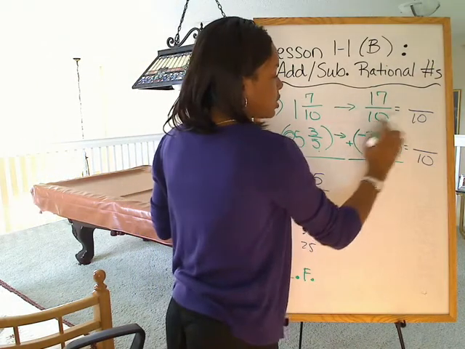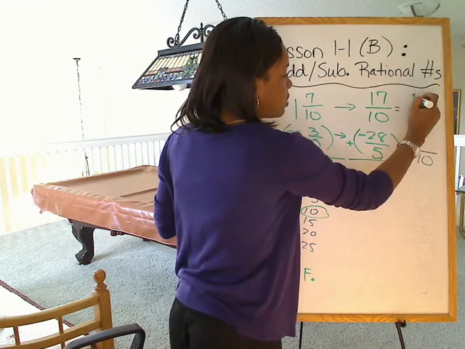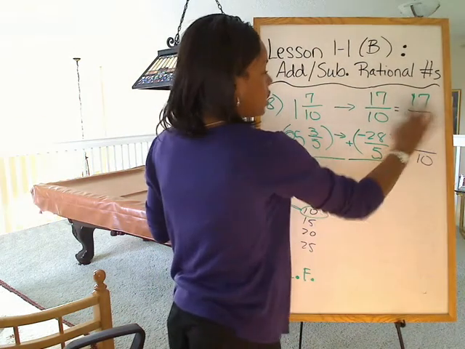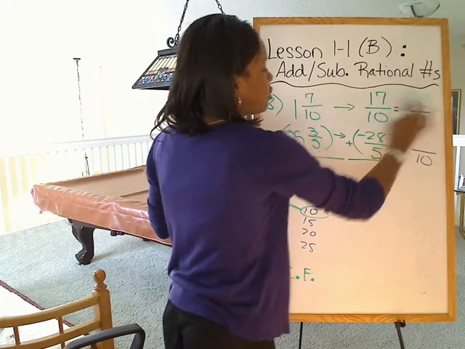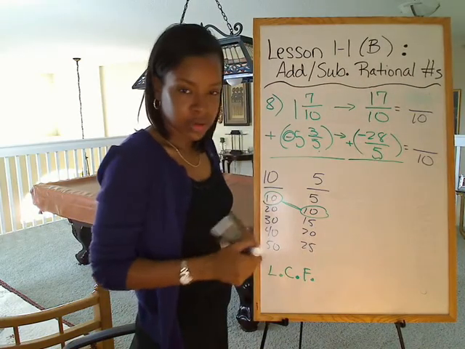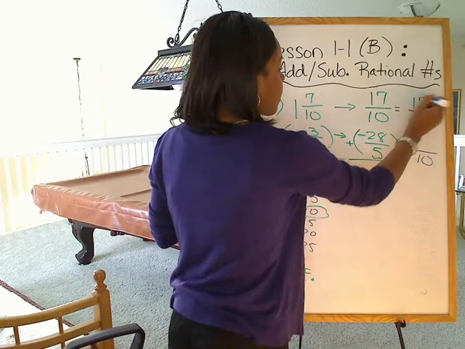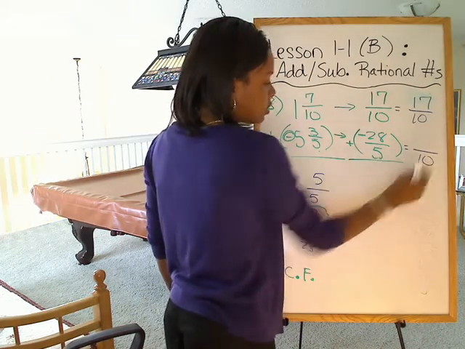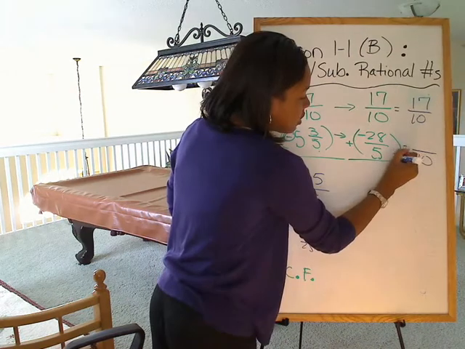This one already equals 10, so we can keep 17 up top. And for this one, let's write that in blue so that those of you who are color coordinated, I don't confuse you. How can we get 5 to equal 10? We multiply it by 2.